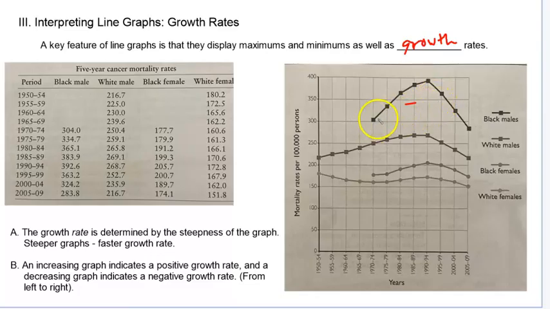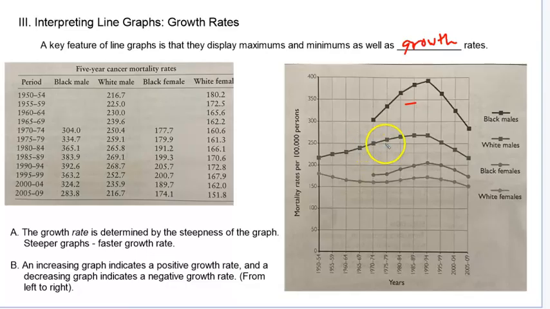And then at what rate is it increasing? So the steeper the line, the faster the growth. And then the flip side of that would be the flatter the line. We'll use the next one as an example.